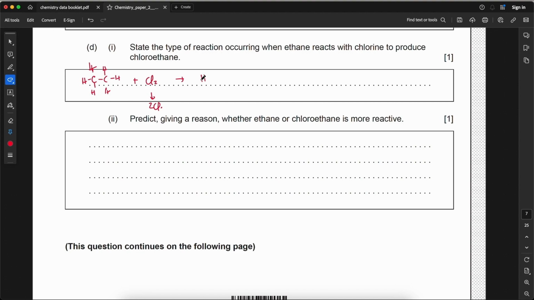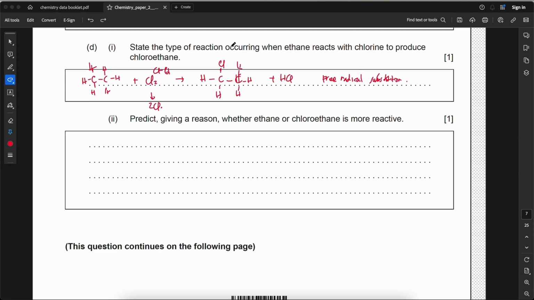Then it will substitute one of the H and produce HCl. So the type of reaction would be free radical substitution, because this Cl2 needs to be split to produce chlorine radicals, and directly substitute one of the H. That's why it's called free radical substitution.